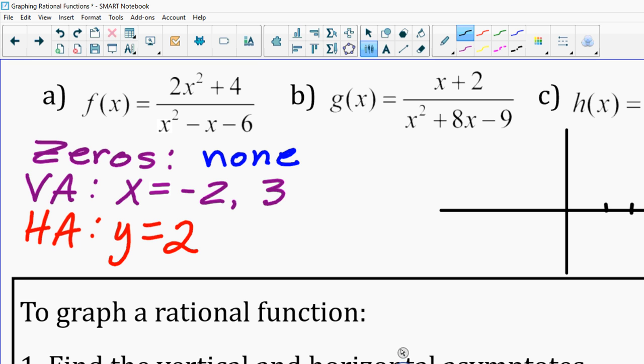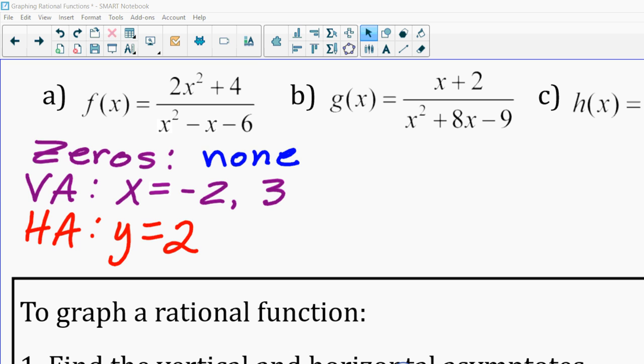I have a horizontal asymptote at y equals 2, so I'd be drawing that in. And I have vertical asymptotes at x equals -2 and at x equals 3. And don't ever cross the x-axis. So you are going to get that before you ever look at a picture on your calculator. Okay? Short break. If you need to go get a drink of water, go get a drink of water.